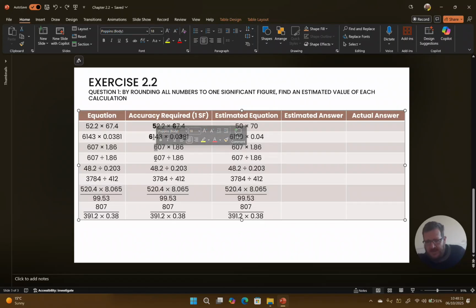We're going to do these two at the same time because they give you the same result, only one's divide and the other one's times.